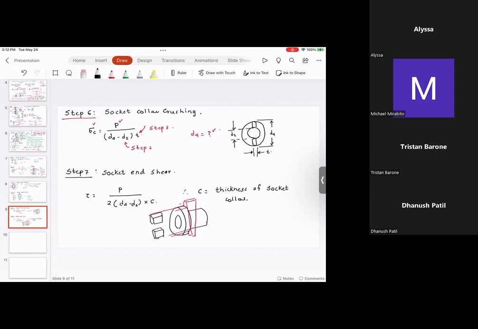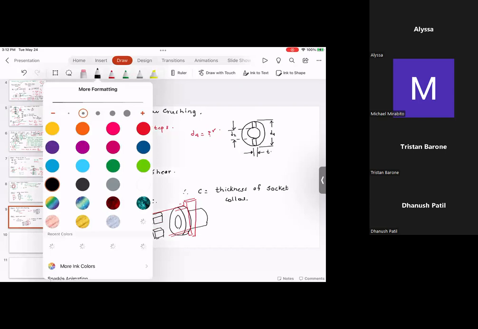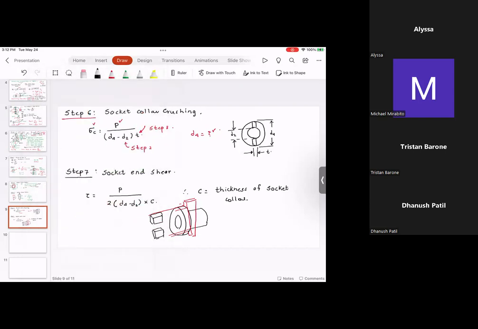And the failure mode is basically this guy. This is C. This is D4. This is D2.